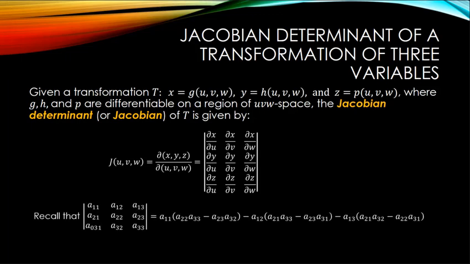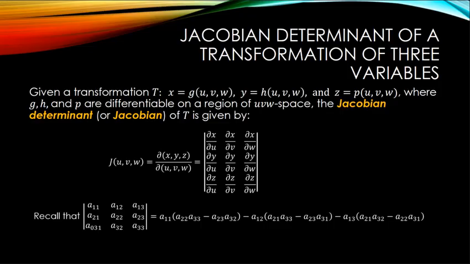Now, you might recall that computing the determinant of a 3 by 3 matrix can be achieved by expanding about the first row, and I get the element a sub 1,1 times the quantity a sub 2,2 times a sub 3,3 minus a sub 2,3 times a sub 3,2, minus the element a sub 1,2 times the quantity a sub 2,1 times a sub 3,3 minus a sub 2,3 times a sub 3,1, minus the a sub 1,3 element times the quantity a sub 2,1 times a sub 3,2 minus a sub 2,2 times a sub 3,1.